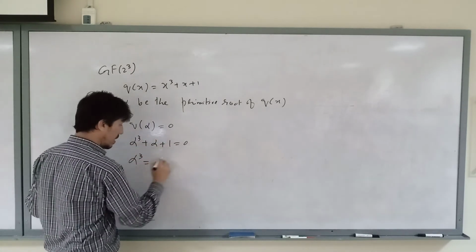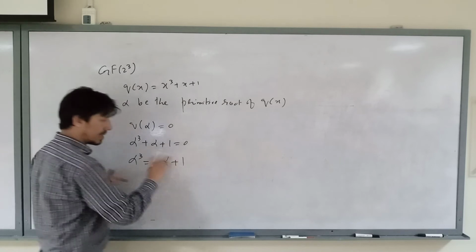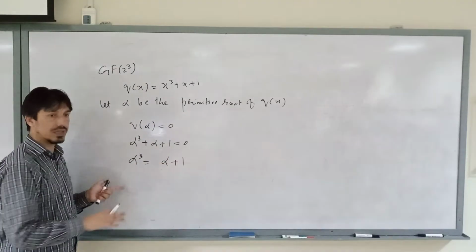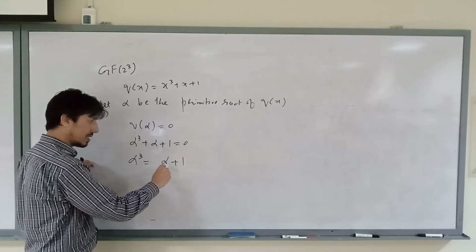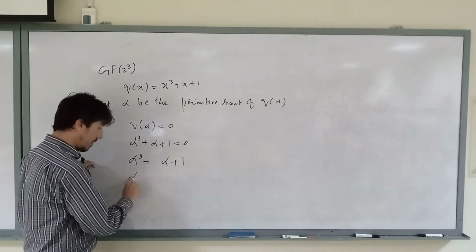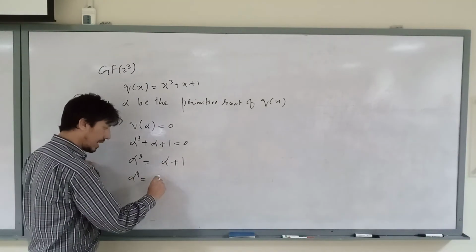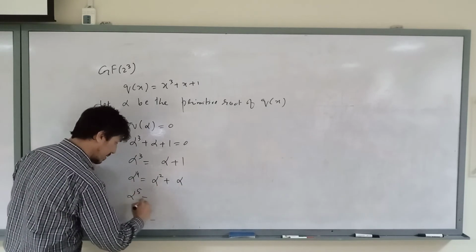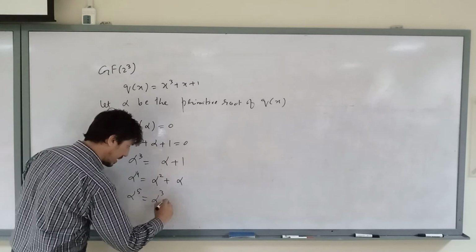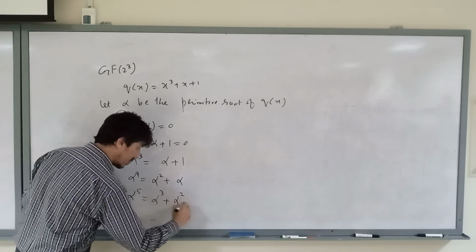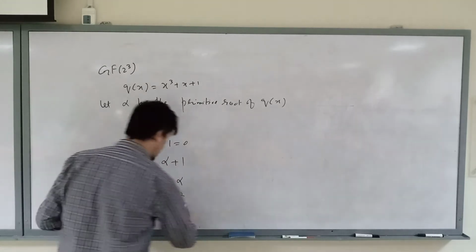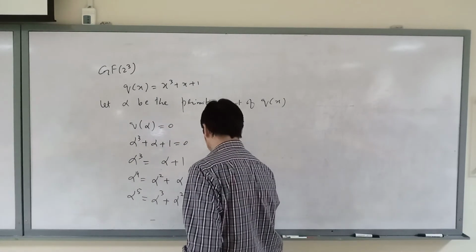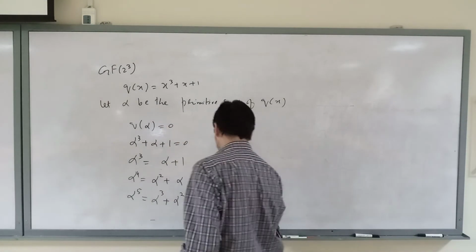So alpha plus 1. I did the same calculation I did in the last GF2. So alpha 3 is alpha plus 1. Alpha 4 is alpha square plus alpha. Alpha 5 is alpha 3 plus alpha square, so alpha plus 1 plus alpha square.